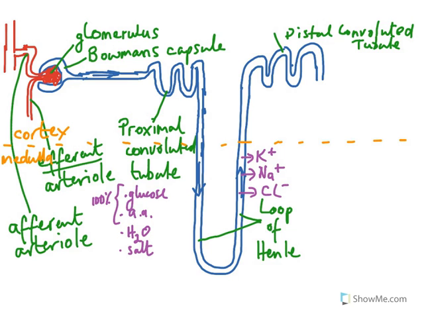So the distal convoluted tubule's role then is to fine-tune the concentration of the salt in the blood, or if you like, the contents of the urine. So there's a small amount again of water, just the final amount, and it's variable, but up to 10% of the water then can be reabsorbed here by osmosis.